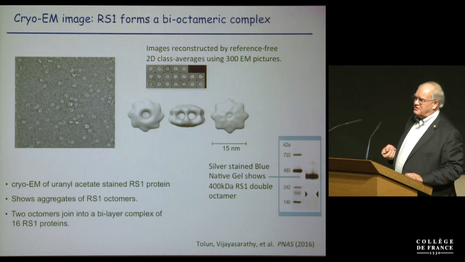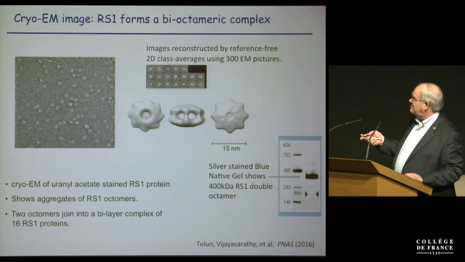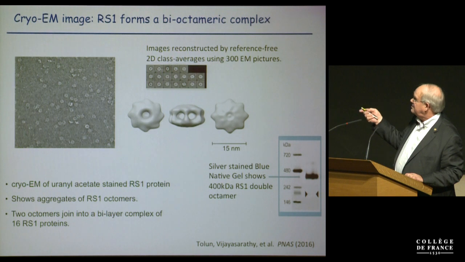So we have now taken the tack of looking at the protein itself. This is work that just came out. This is cryo-EM imaging, and here in averages of 300 images, you can begin to see a sandwich or a star. Here is the star, here is the sandwich.